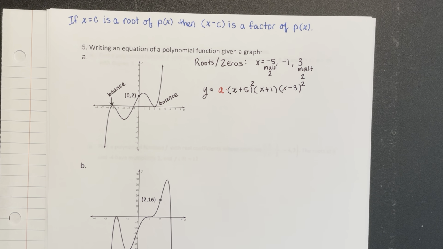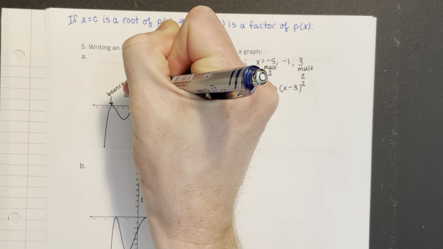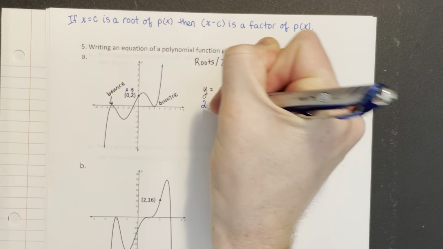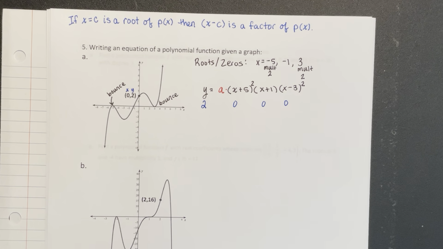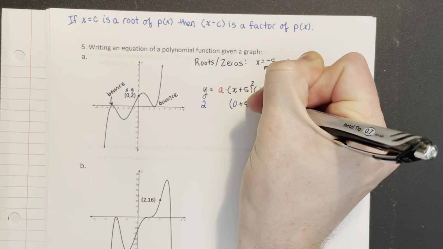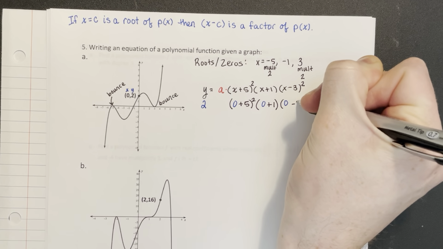To find that value, we can plug in a point on the graph, and I'm going to use the y-intercept for right now because this is an x-y coordinate. We know that when y is 2, x is 0. And if I plug in 0 for all the x's, 2 for the y, we can solve for our unknown a in this problem.